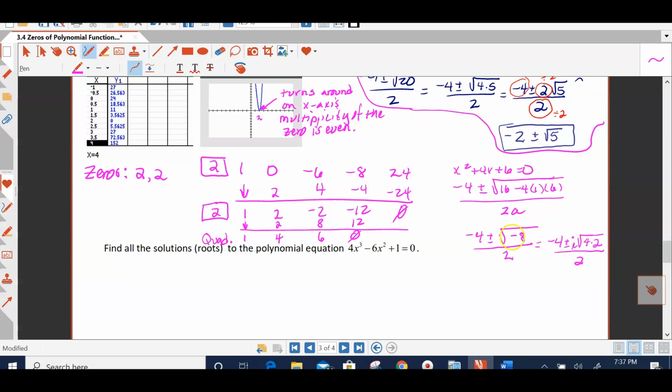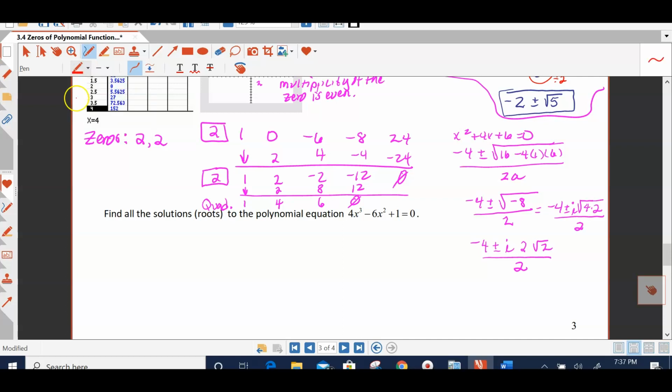I have to make sure that negative inside my radical comes out as an i. Negative 4 plus or minus i times the square root of 4 times the square root of 2. The square root of 4 gives me a 2, and I leave the square root of 2 underneath because it's not a perfect square. And that's all over 2. This one's getting a little sticky, isn't it?